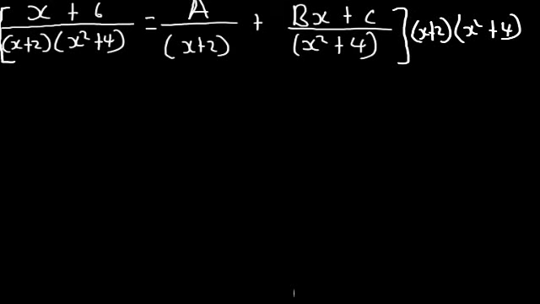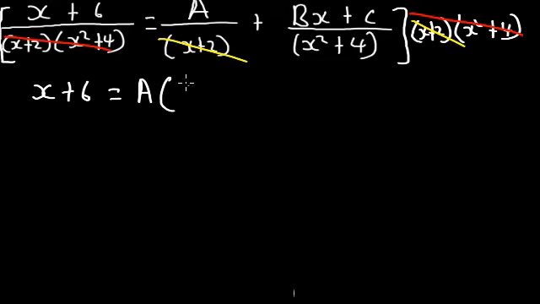For the red color, the whole terms cancel out and what is left over is just x plus 6. For the yellow color, x plus 2 cancels x plus 2 and what is left is a multiplied by x squared plus 4. And for the green color, x squared plus 4 cancels out and what is left is just x plus 2 multiplied by bx plus c.